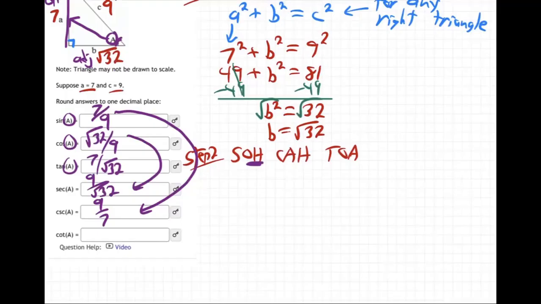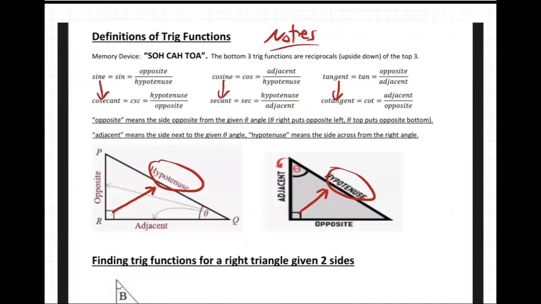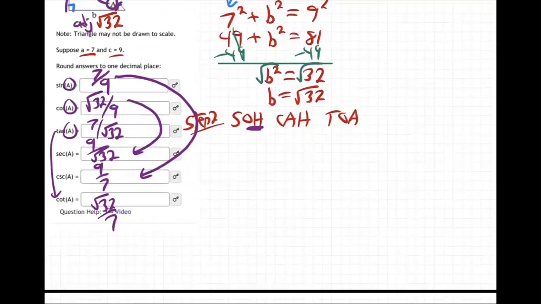And then cotan, that's opposite of tan. No big surprise there. So I just flipped the fractions upside down, just going by the definitions again right here. It says sine, opposite over hypotenuse, then flip it for cosecant, and cosine, flip it for secant. So sine, 7 over 9, flip it, cosecant, 9 over 7, etc.